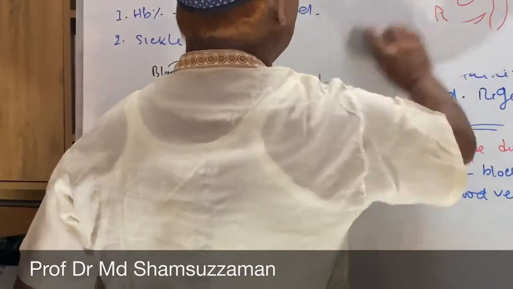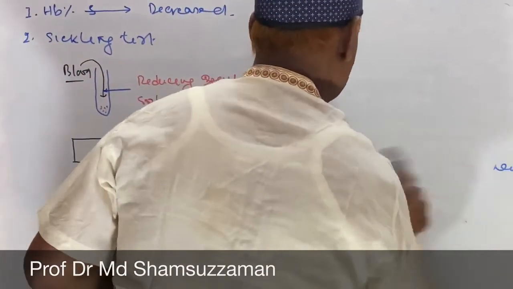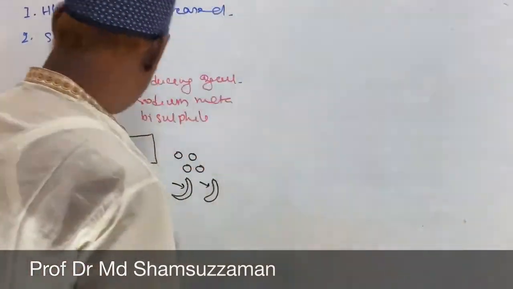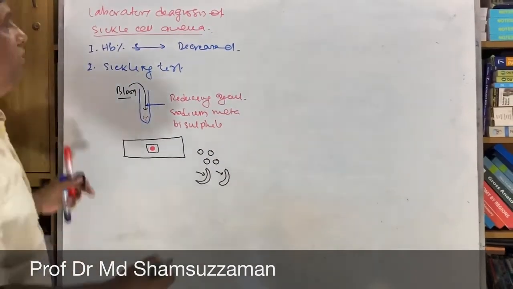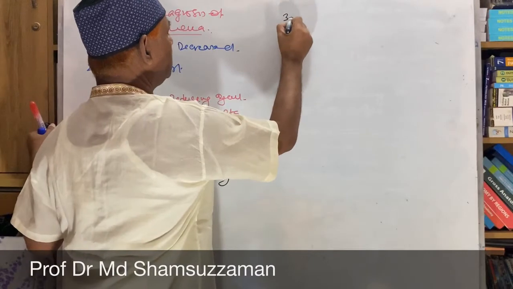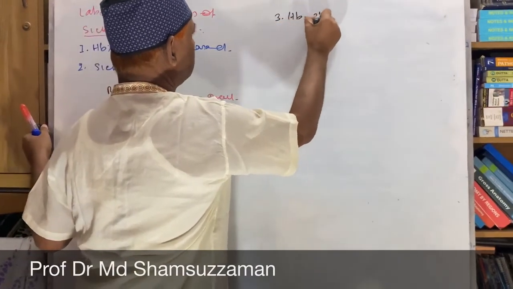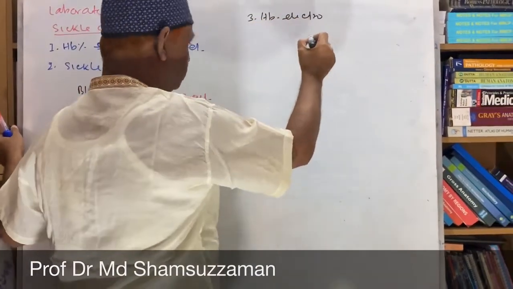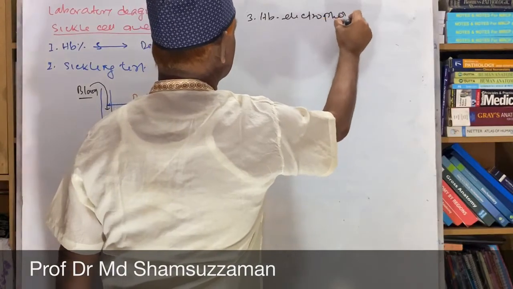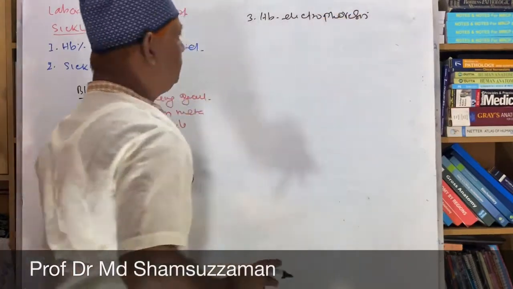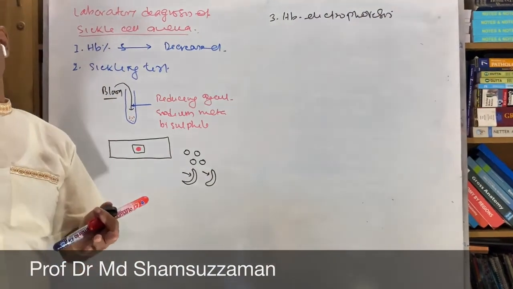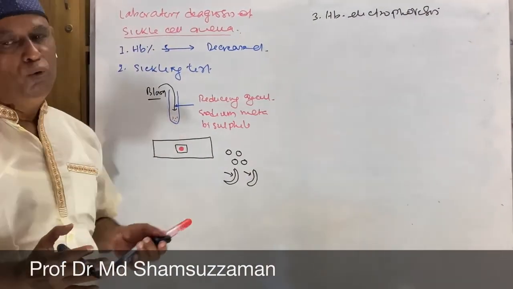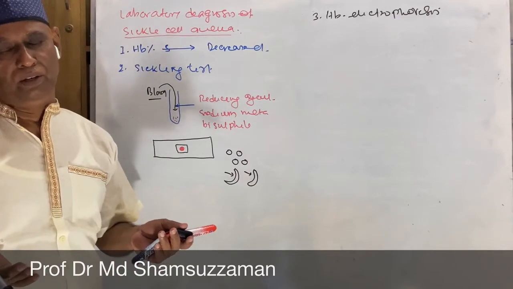Now come to hemoglobin electrophoresis. Number 1, hemoglobin estimation. Number 2, sickling test. Number 3, hemoglobin electrophoresis. If we do hemoglobin electrophoresis, we can find hemoglobin S in the report.